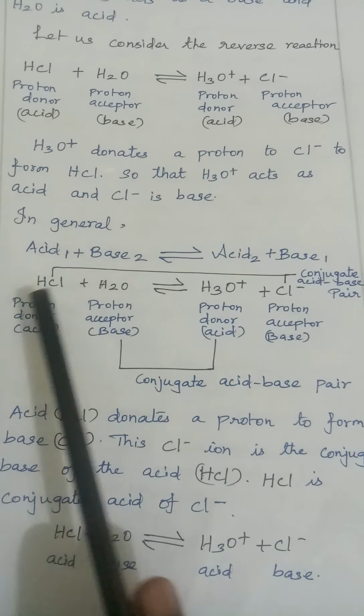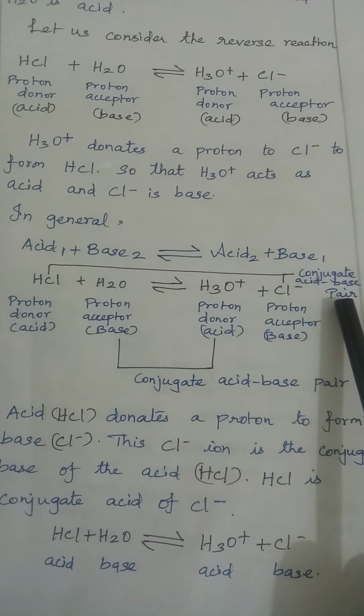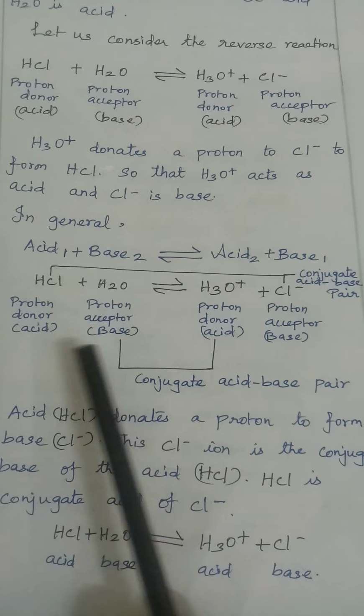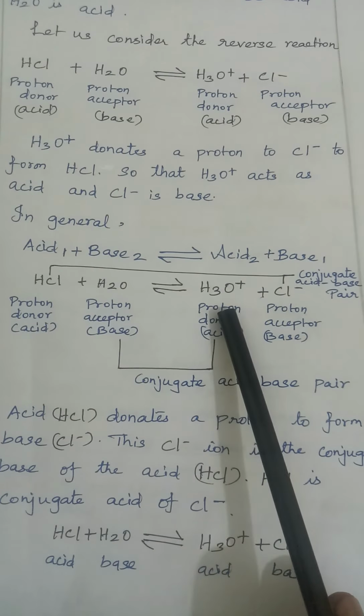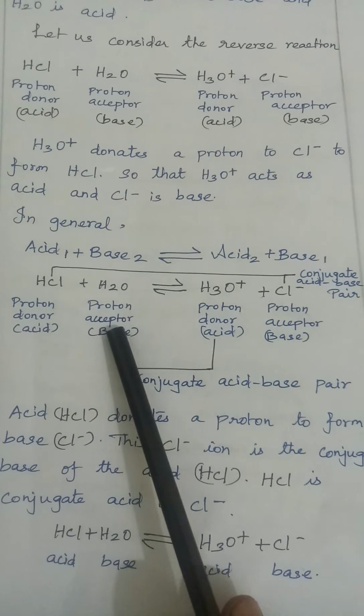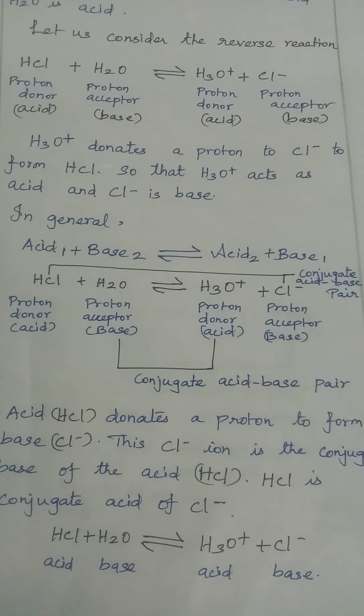So HCl and Cl minus are said to be a conjugate acid base pair. H2O after accepting the proton becomes H3O plus. So H2O and H3O plus are said to be a conjugate acid base pair. It can be explained as follows.